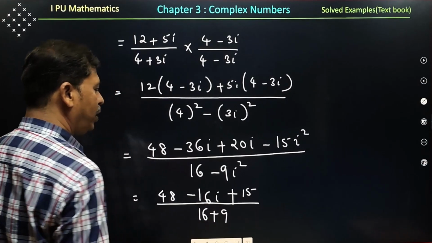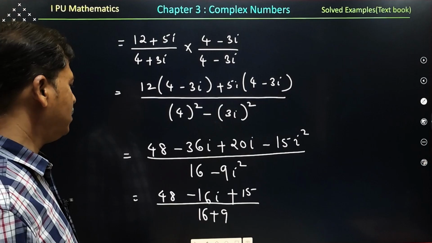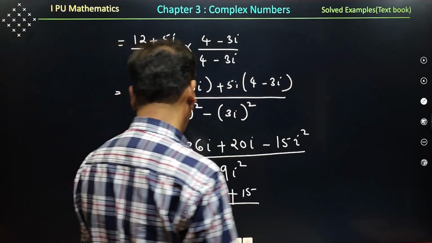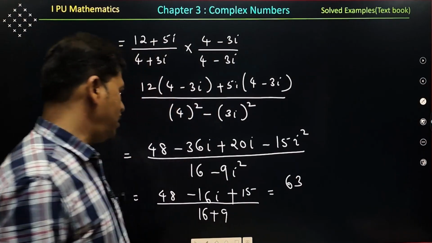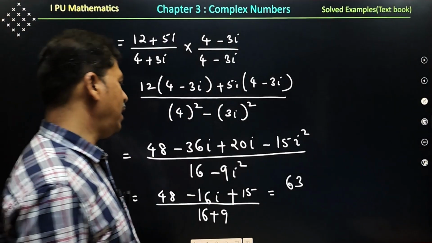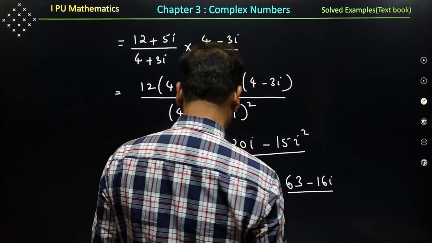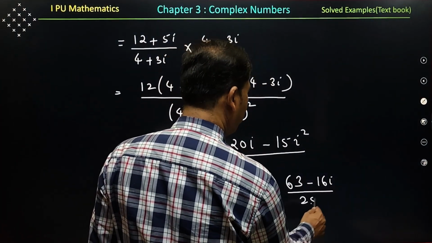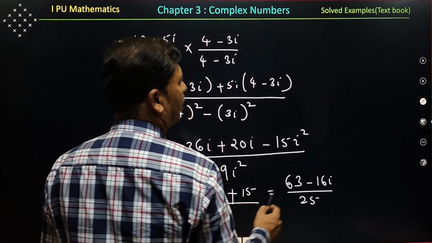Minus into minus is plus, so 48 and 15 is 63. Minus 16i, divided by 16 and 9 is 25. So this is what we have, the given complex number.